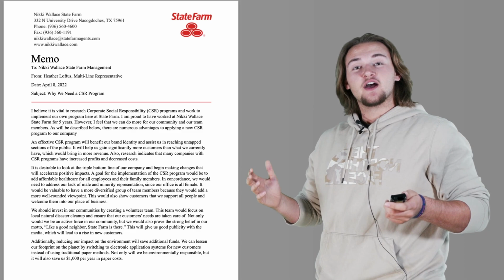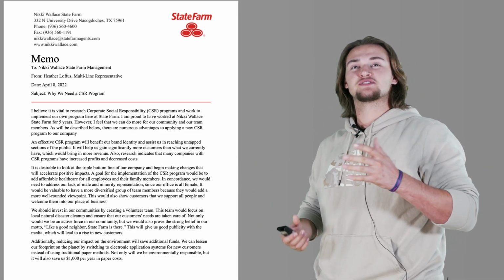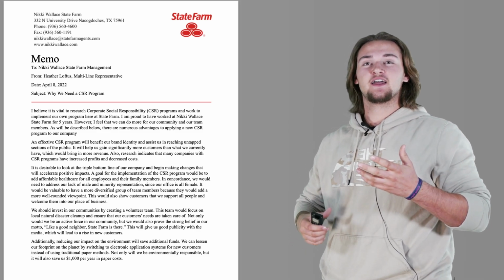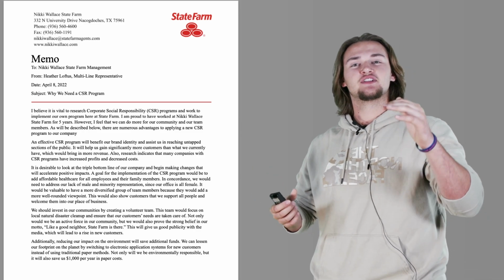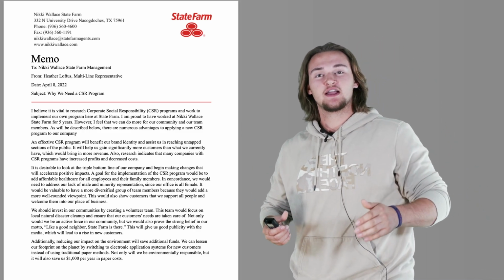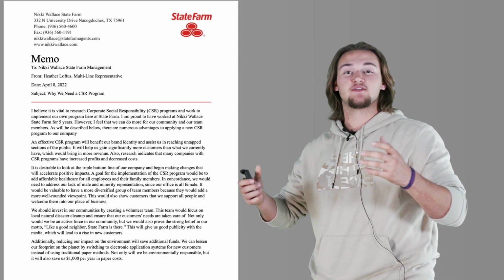So here we go, and we have the memo pulled up for us, and as you can see right off the bat, what's the first thing that catches your eye? You see these little details that push your work above and beyond what you're called to do. As you can see here in the upper right hand corner, we have this State Farm emblem.